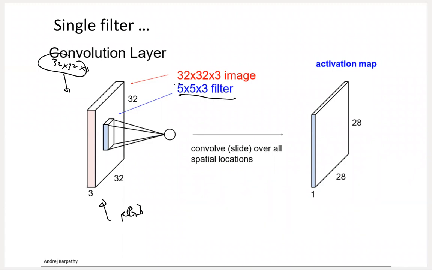I take this block and directly do an inner product with a block extracted from this three-dimensional object. So if I have a filter that is 5 by 5 by 3, assuming I don't do any padding, what I mean by padding is I add something at the boundary.